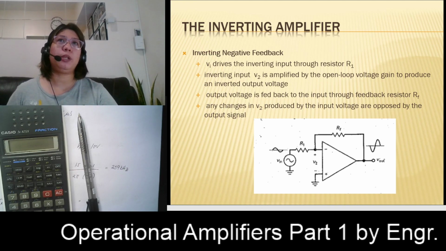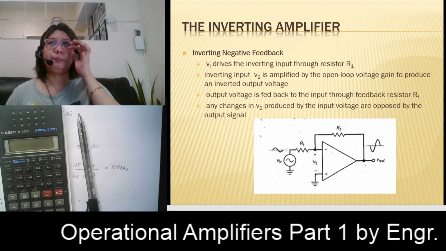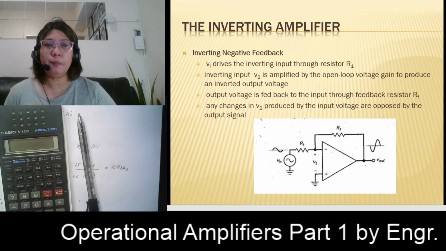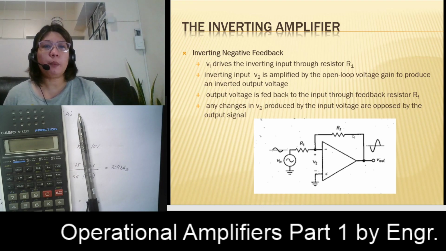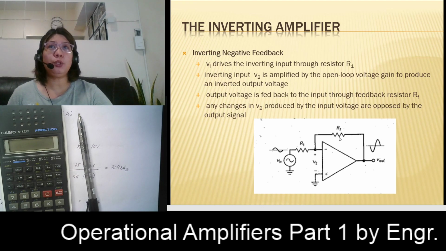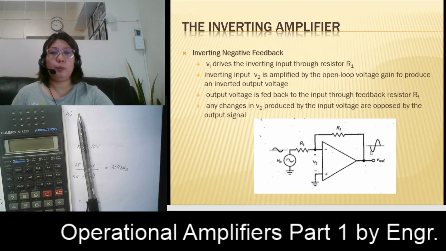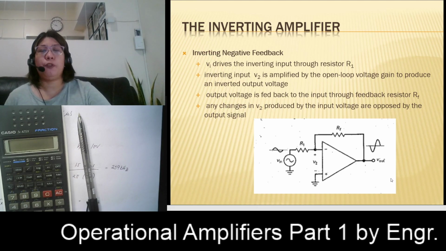So we have an inverting amplifier. The output voltage is fed back to the input through our feedback resistor RF. RF results in a negative feedback, because the output is 180 degrees out of phase with your input.